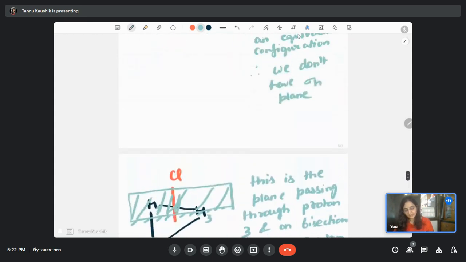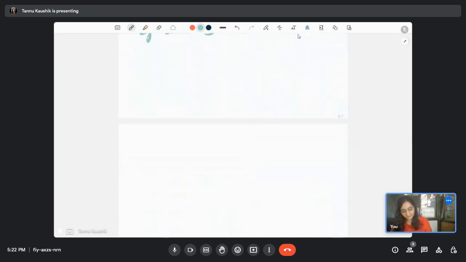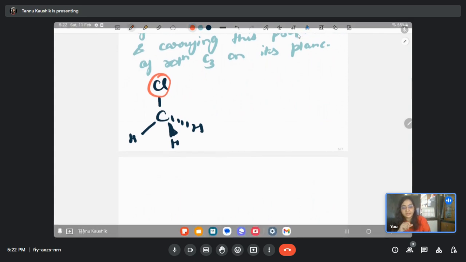So here in this molecule, we can clearly observe we don't have an inversion center. If you see, this is the chlorine.